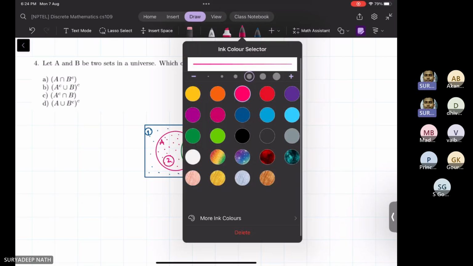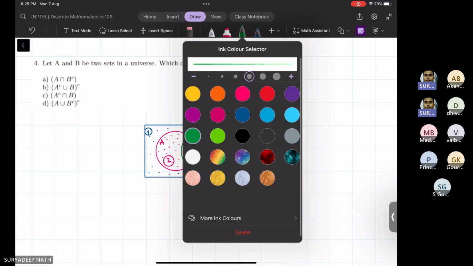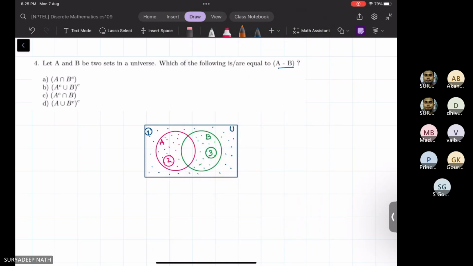Next comes region 3, which is the region that lies in B but does not overlap with A. So this is region 3. And finally, we have region 4. We'll denote it by this orange color. So we have four regions.